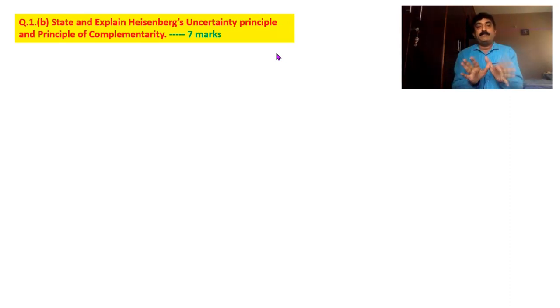The next question is: state and explain the Heisenberg uncertainty principle and the principle of complementarity. You know what the Heisenberg uncertainty principle is? It states that it is impossible to measure both position and momentum to 100% accuracy if you try to measure them simultaneously.